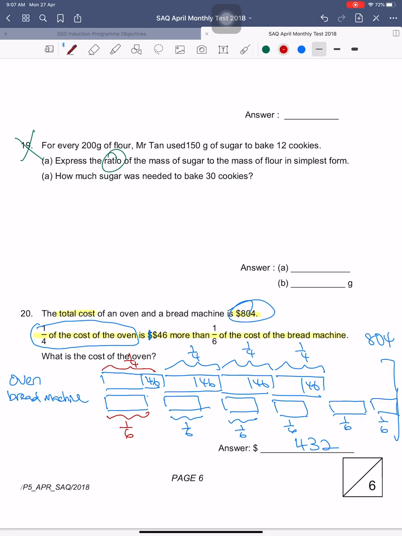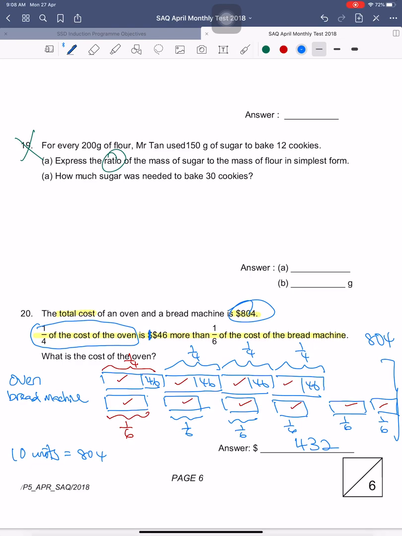So you need to know how many total units are there. So let's see. 1, 2, 3, 4, 5, 6, 7, 8, 9, 10. 10 units. So there are a total of 10 units. These 10 units are 804, but this 804 is 10 units plus the 46 times 4, which I don't want.